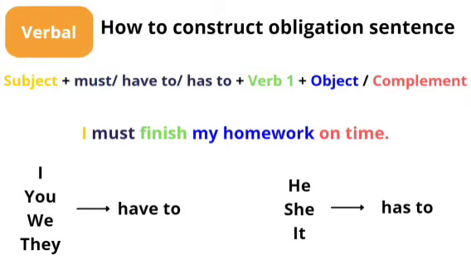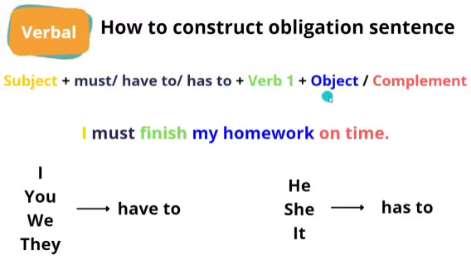After you decide or you write the verb, boleh pakai objek, boleh tidak. It depends on your sentence, tergantung kalimat kalian. Bisa menggunakan objek atau complement. Complement itu apa, Miss? Complement itu seperti pelengkap. Jadi bisa seperti keterangan waktu, keterangan tempat, keterangan cara, dan lain-lain. And now look at the example.